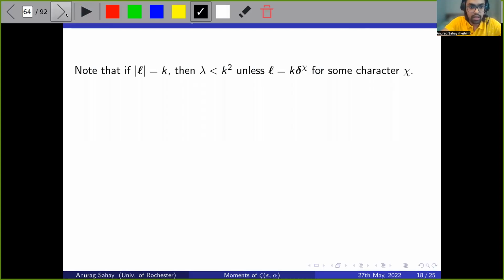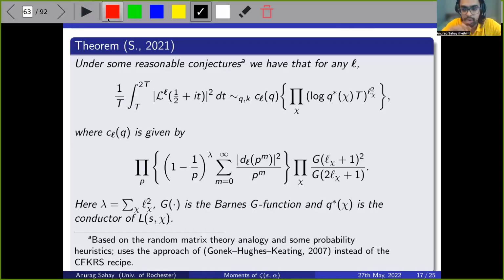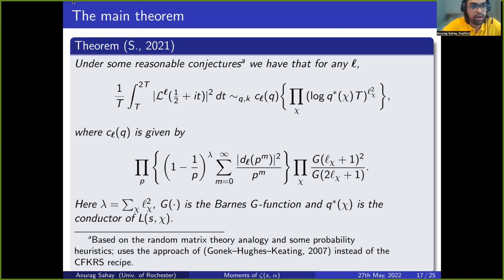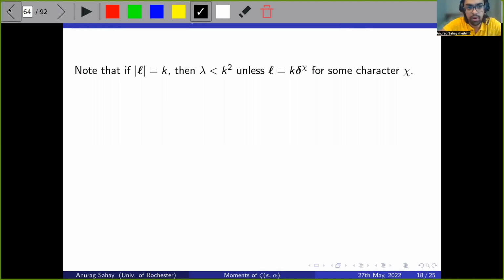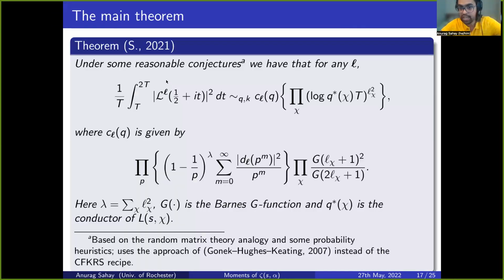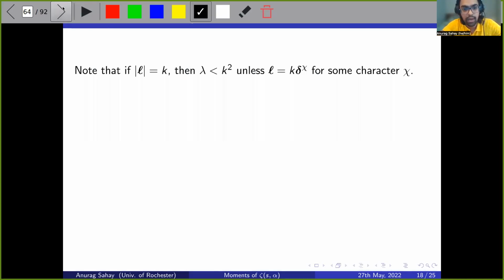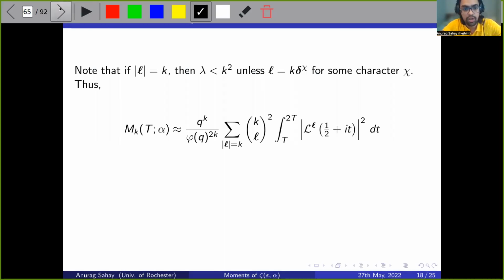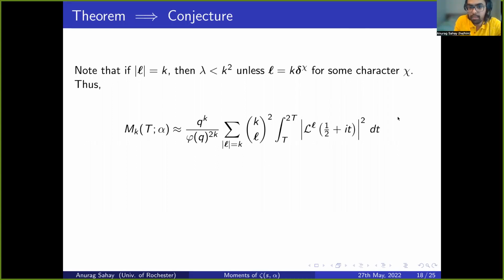Right. Okay. The one thing before I pivot to talking about irrational alpha, I want to talk about how this theorem actually implies the conjecture about the Hurwitz zeta function that I had said in the beginning. The idea is you're looking at this sum, right?